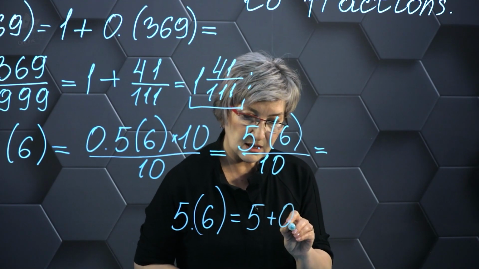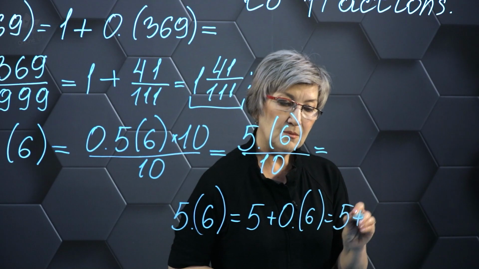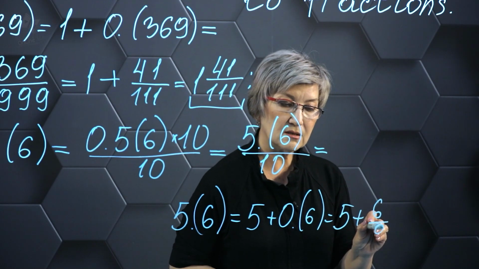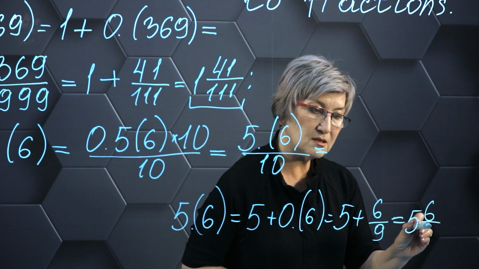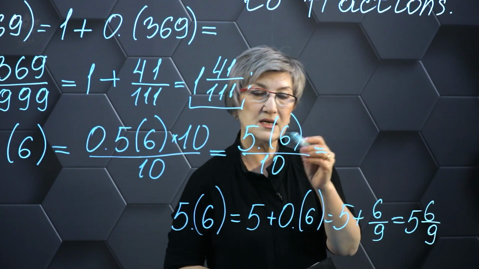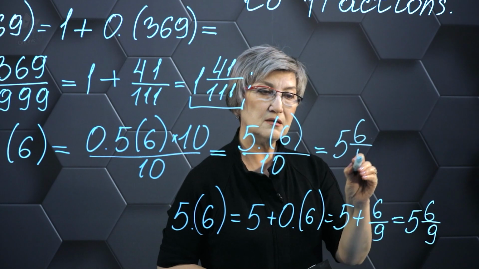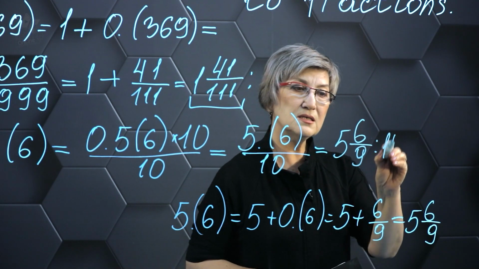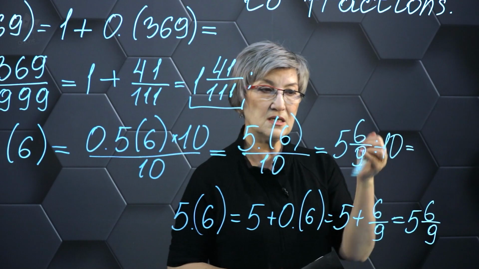I'm left with 0.(6) in the period, and that's 5 ones plus 6 ninths. See? That's 5 and 6/9. Then I will write it down: 5 and 6/9, which I need to divide by 10.